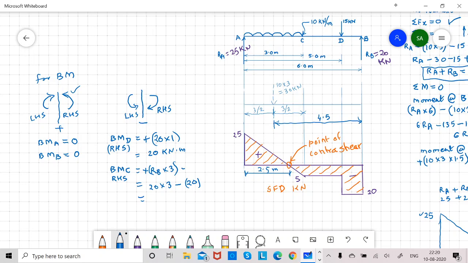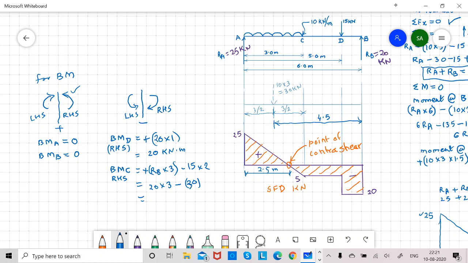I will repeat, bending moment at C, RB into 3 minus 15 into 2, that is 30.